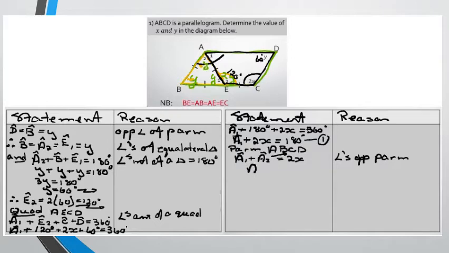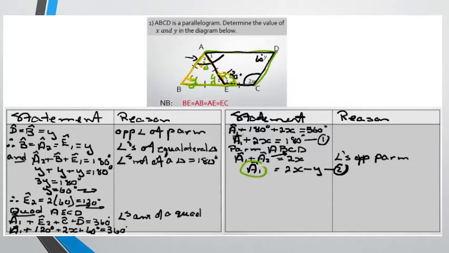So I'm going to have A1 equals 2x, and in the place of A2, remember if I look at the sketch that the value of A2 actually must be y, and if that y crosses it's going to become minus y, and I'm going to call this one equation 2.